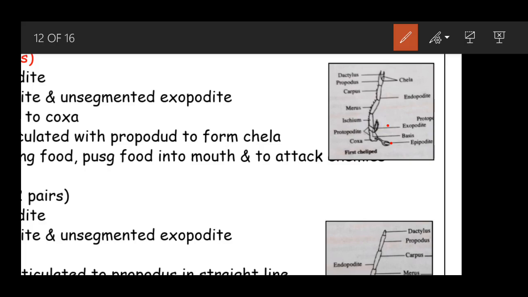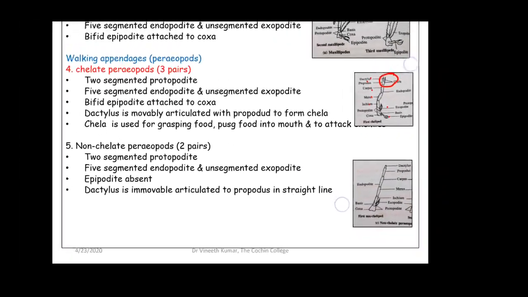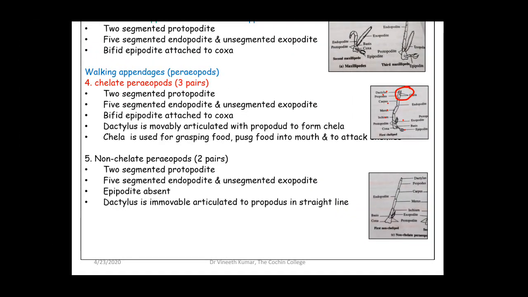The endopodite is 5 segmented with ischium, merus, carpus, propodus and dactylus. You can see here the propodus and dactylus form a pincer-like structure. That is why they are called chelate legs. Mainly the chelate legs help in grasping the food and pushing it into the mouth, and they are also used for attack. During attack, they are used as a weapon.